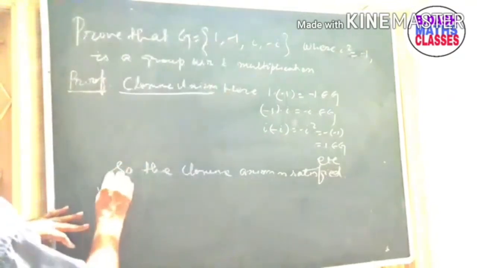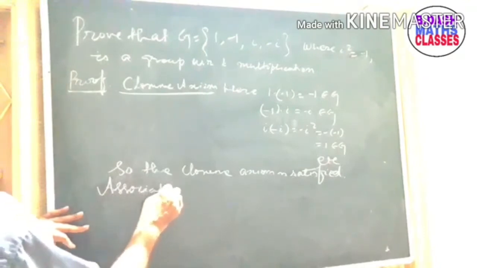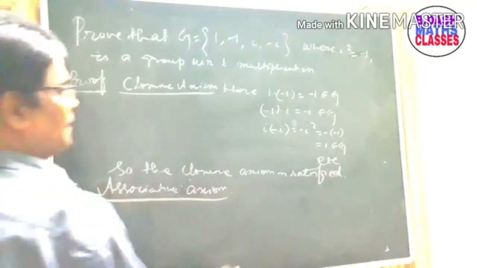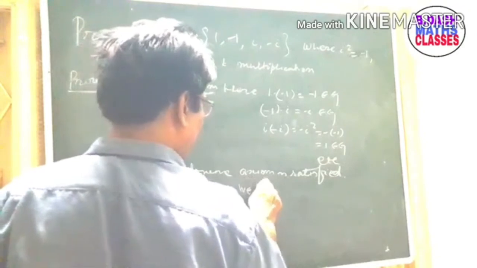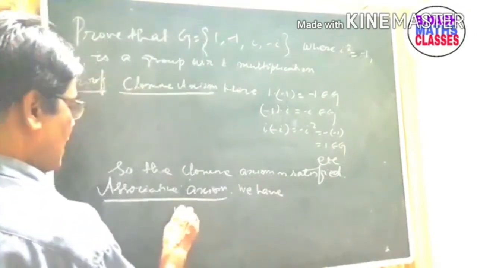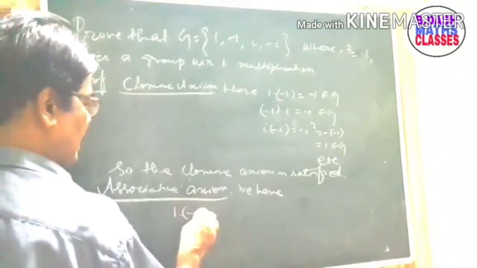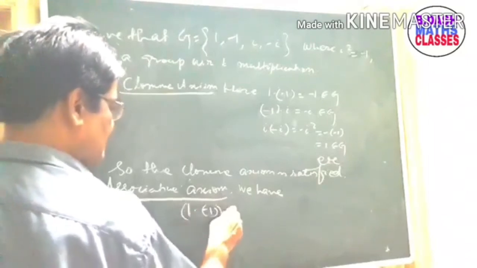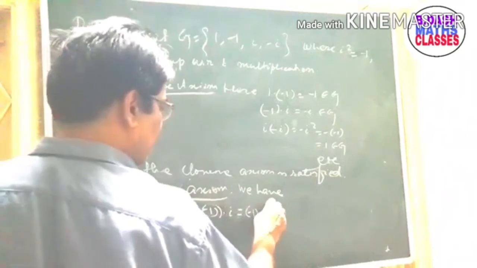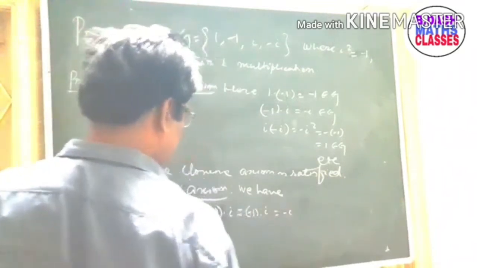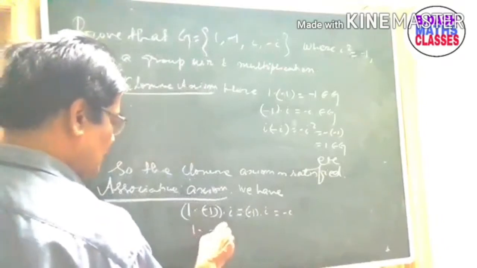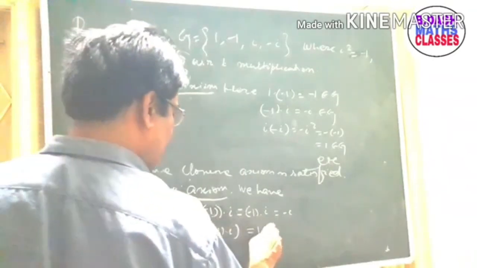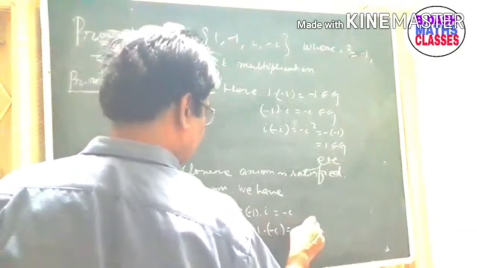Then the associative axiom. We have (1 × -1) × i = -1 × i = -i. And 1 × (-1 × i) = 1 × -i = -i.